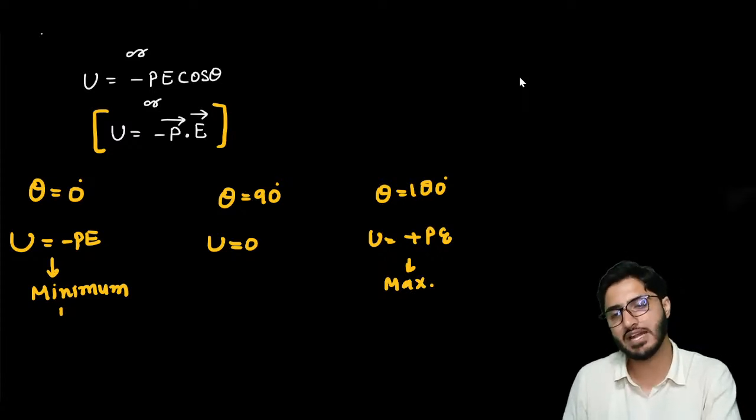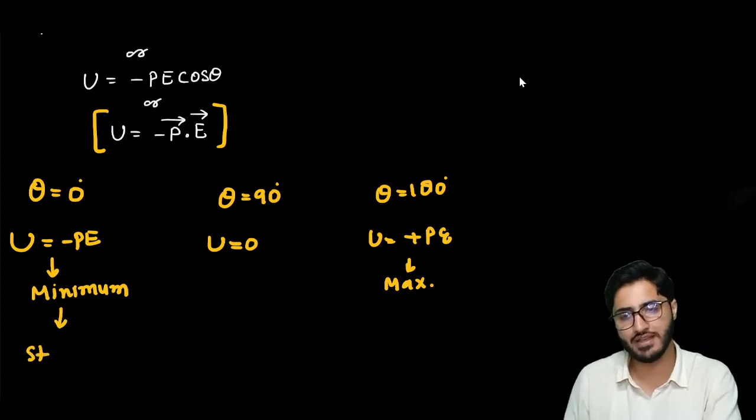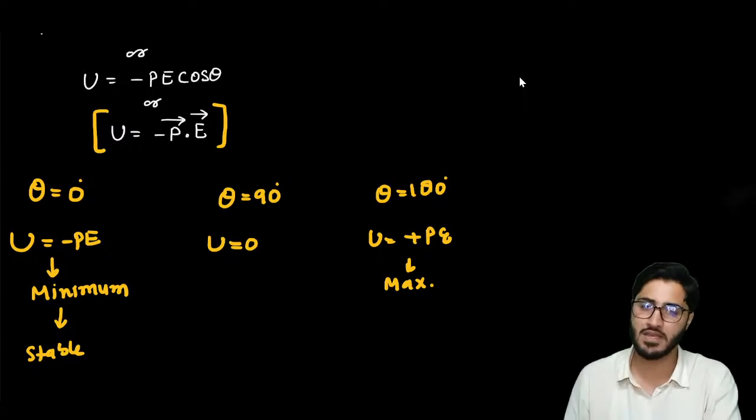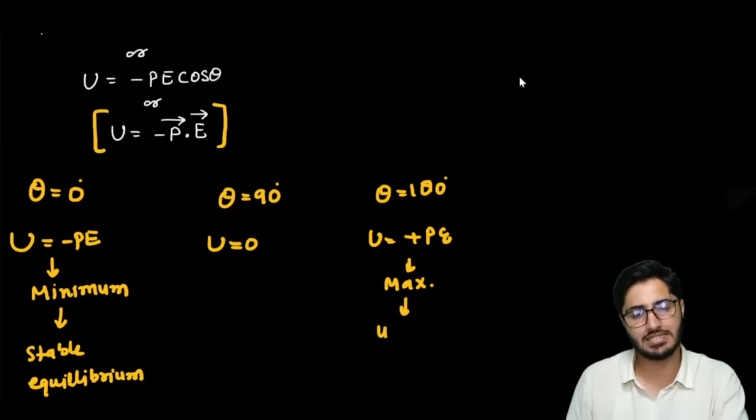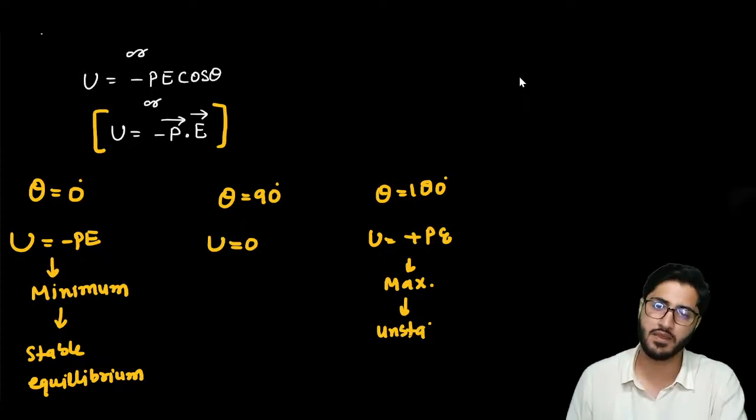At the minimum value, I will have a stable equilibrium. At the maximum, I will have an unstable equilibrium.